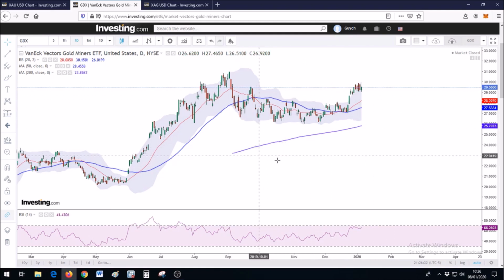Looking at GDX, the miners chart, you'd better hold on to your long positions, especially if instead of the commodity itself, you're actually holding the gold and silver miners. As we see over here, gold miners have not created a higher high compared to their previous intermediate high, while gold has already done so. That means that gold miners are underperforming gold at the moment, whereas usually they outperform gold.